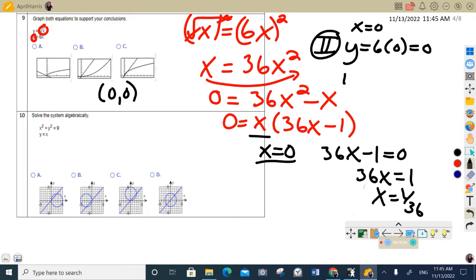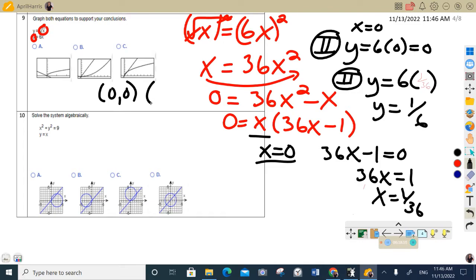The other point: we said x could be 1/36 as well, and 6 times 1/36 is 1/6. So my second point is (1/36, 1/6).